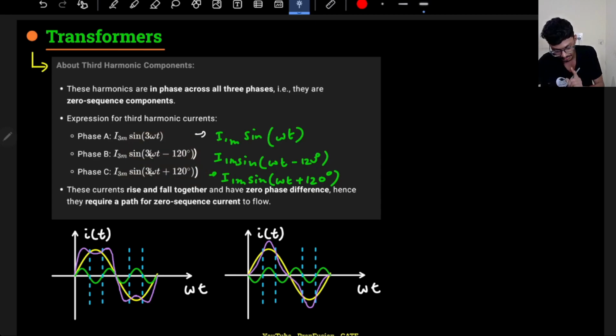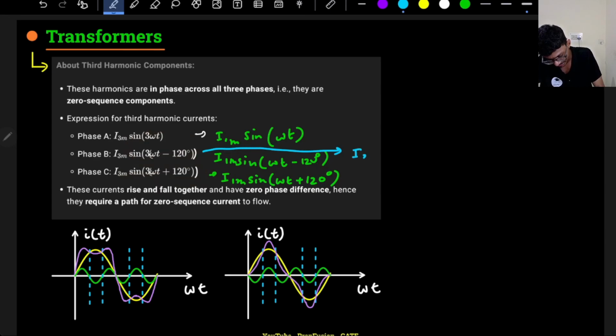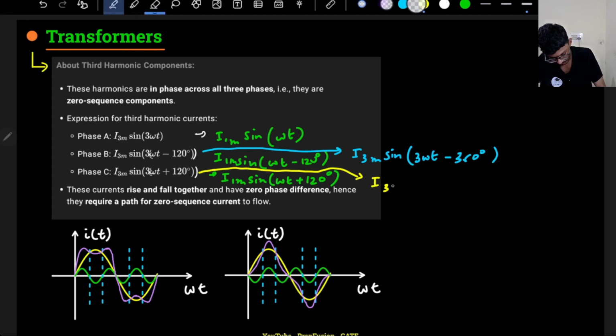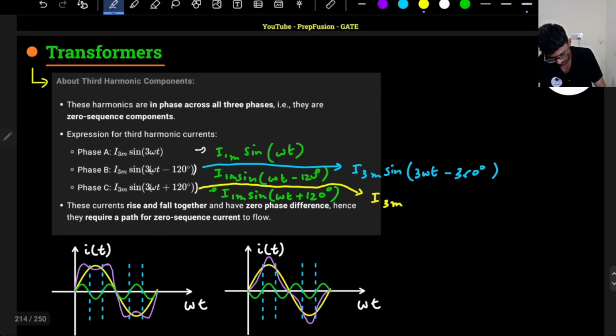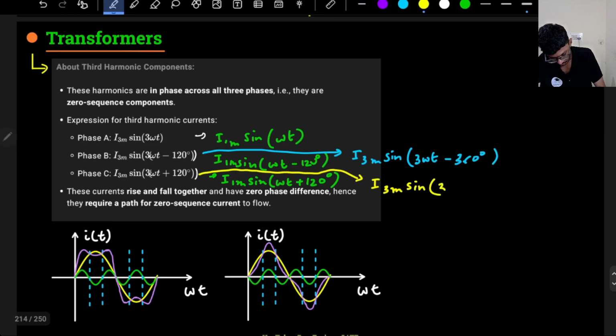If I observe very closely, this is actually I3M sine of (3 omega t minus 360), and this is basically I3M sine of (3 omega t plus 360).